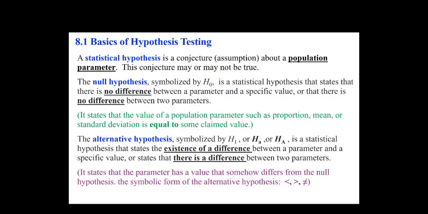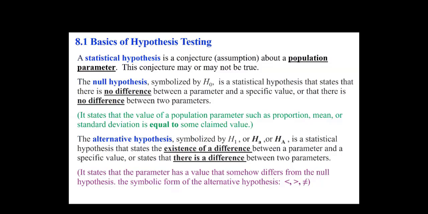Now, in some texts, they don't really follow that. They may also use inequality. Most of the time, and most statisticians nowadays follow this, the null hypothesis, H0, we write symbolically with the equality sign. It is equal to some sort of a value.